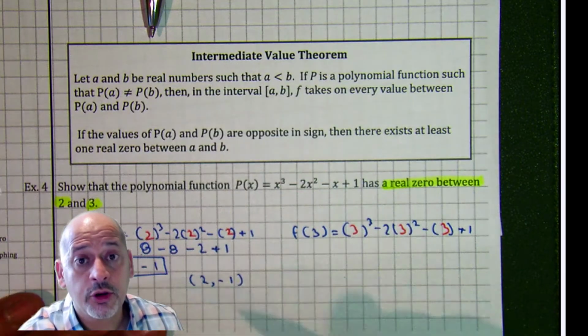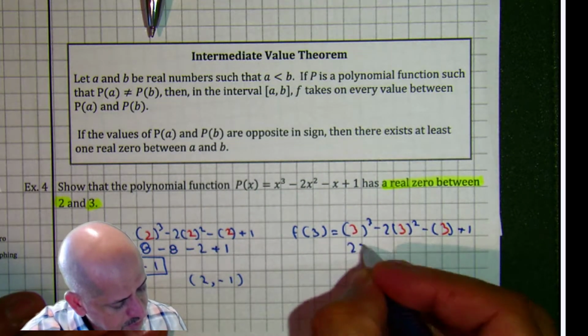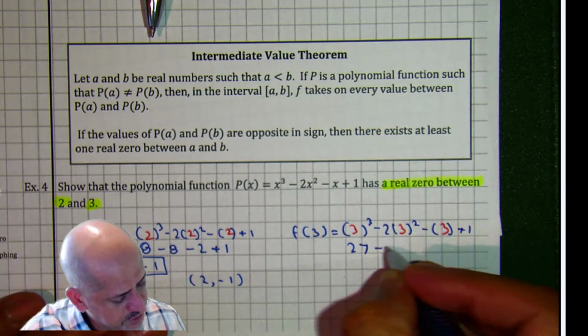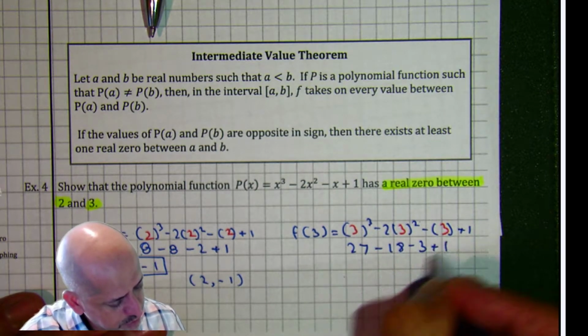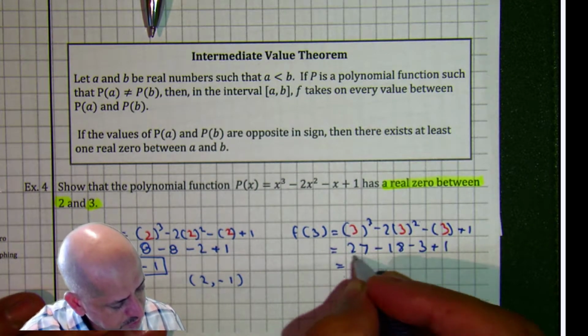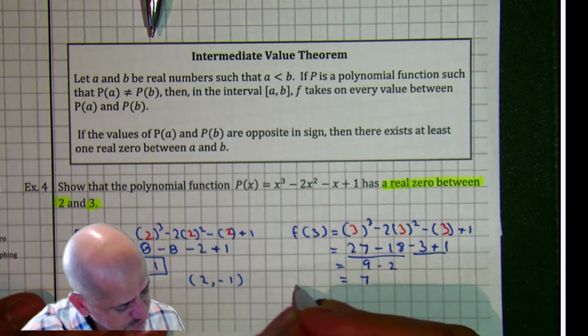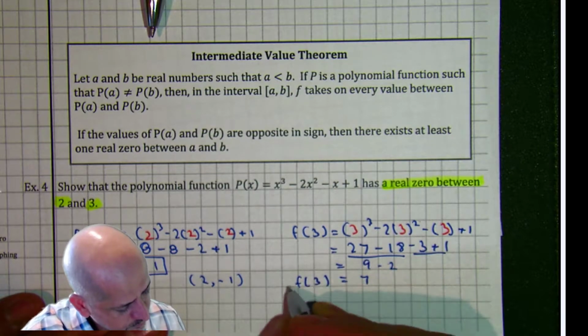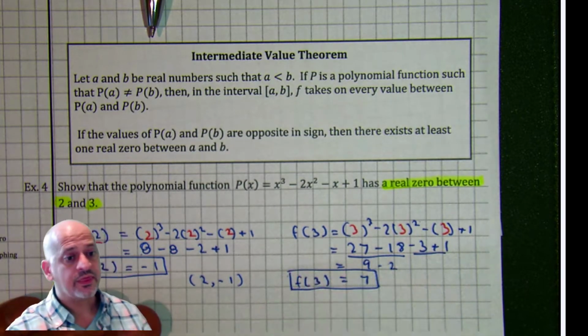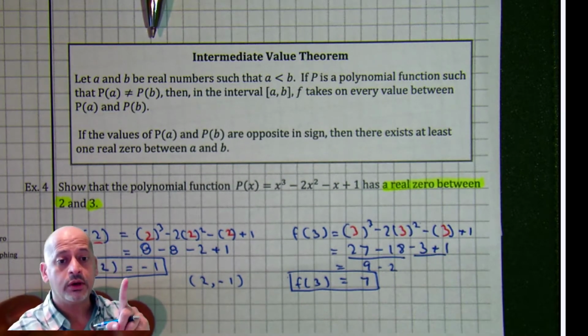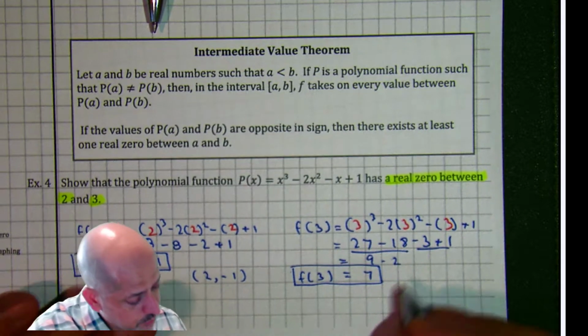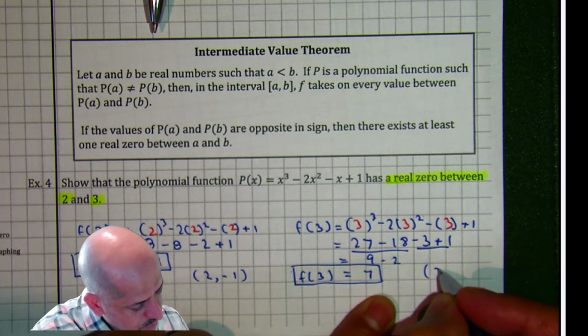Everybody knows that 3 to the third power is 27. That gives me 9 times negative 2, which is negative 18, minus 3 plus 1. So that gives me 9, then negative 2, therefore that gives me 7. And remember that this corresponds to a point. So the point is 3, 7.